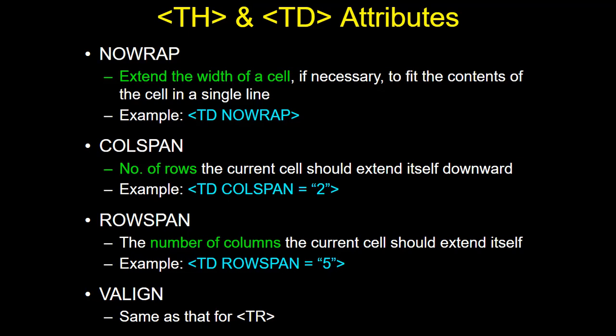Then the next is colspan, the number of columns the current cell should extend itself to. If we use this attribute with TD, the current cell will be expanded across the given number of columns. The next attribute is rowspan.